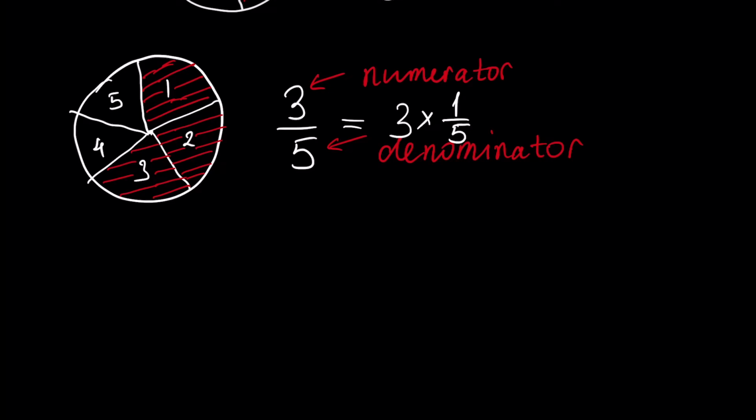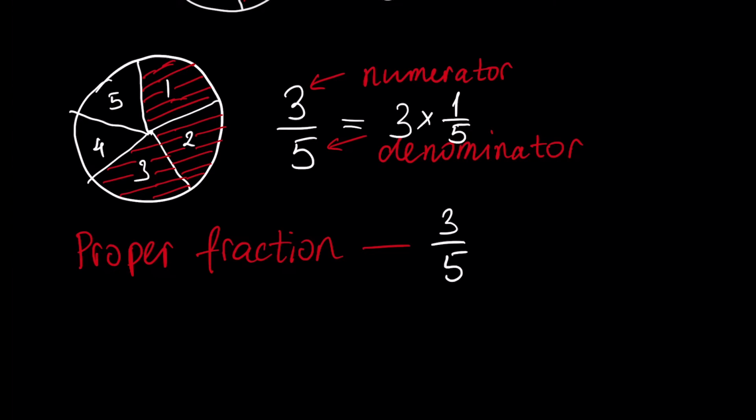Let's talk about what is a proper fraction. It's a fraction when the numerator is less than the denominator. For example, 3/5. Our numerator is 3, and denominator is 5, and 3 is less than 5. That's why this fraction is called a proper fraction.